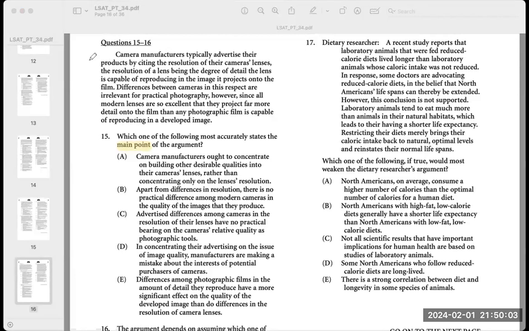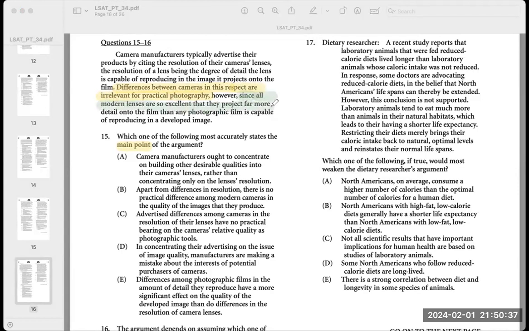Differences between cameras in this respect are irrelevant for practical photography, however. So this is a comment they're making in contrast to what these manufacturers are advertising. They're saying that these differences aren't actually relevant. And then they give a reason why. We see the word since, which indicates support.